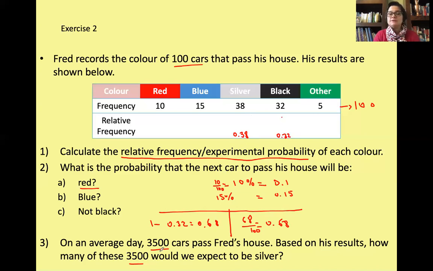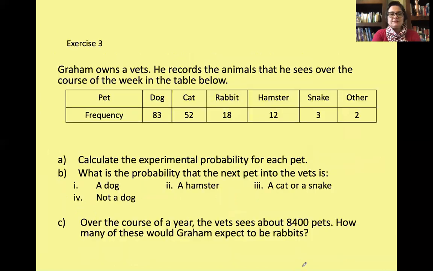So if 3,500 cars pass his house, then the number of silver cars is going to be 0.38 times 3,500, and the answer is going to be 1,330 cars altogether. Okay, just like that. And here you have the answers.